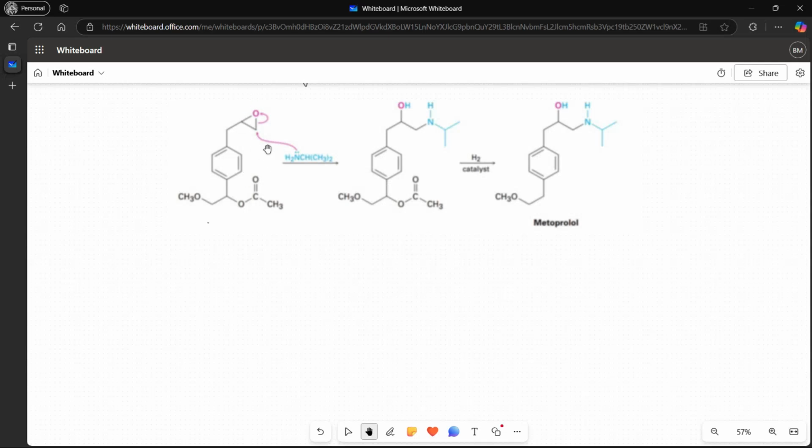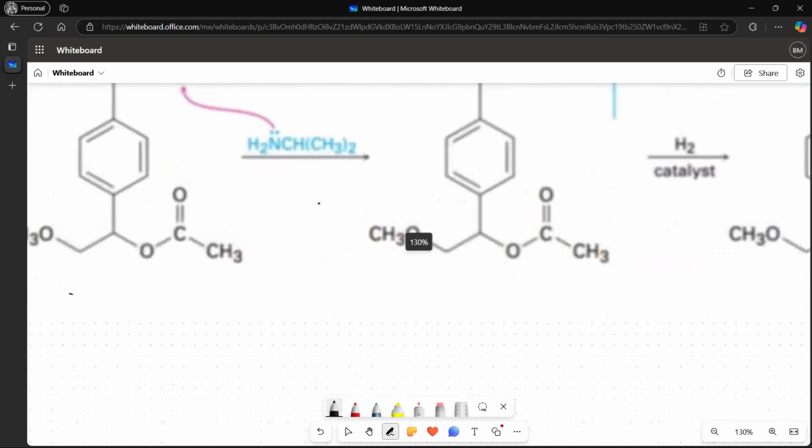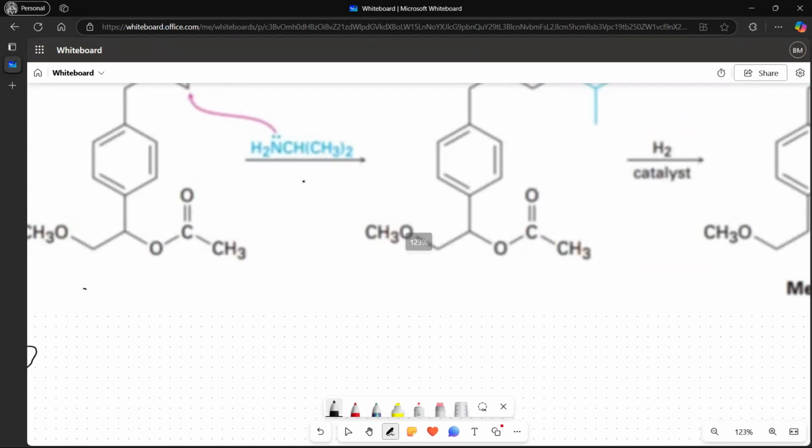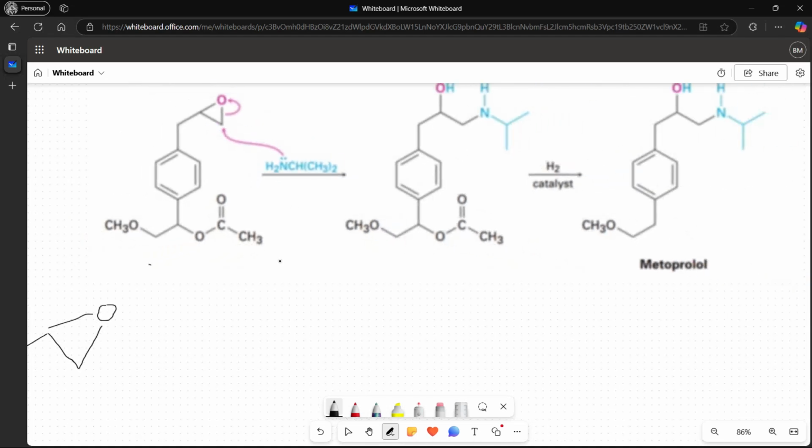So for the sake of simplicity, we'll just cut the molecule here. So let's assign the rest of the molecule as your R group, okay? So this is your R, then attached to your epoxide ring, O. Okay. So this is your nucleophile. Your nucleophile is an amine, okay? So it's a dimethylamine.